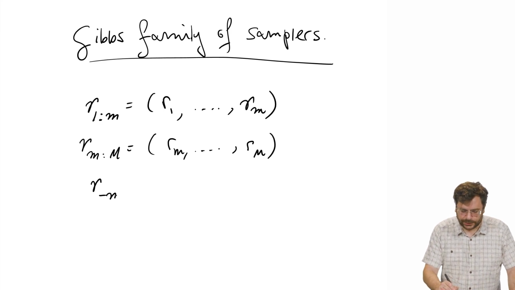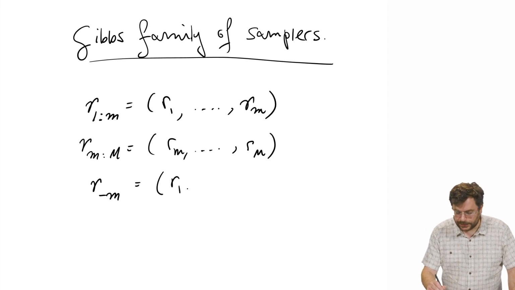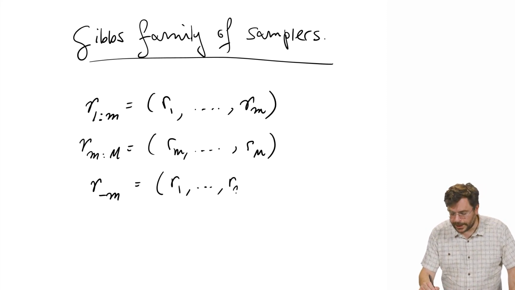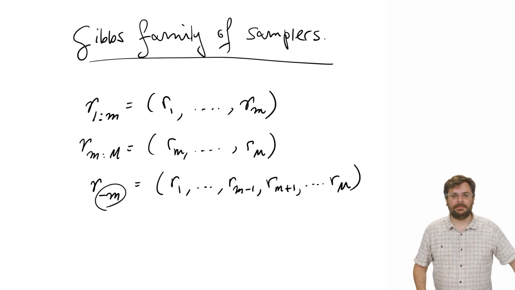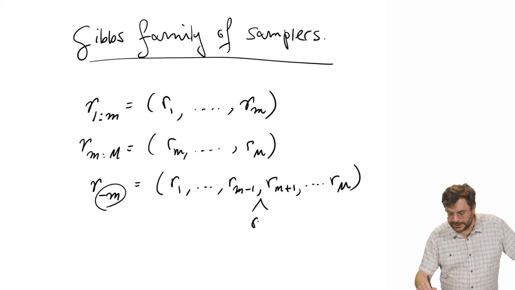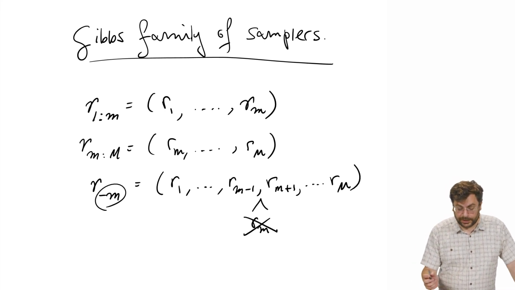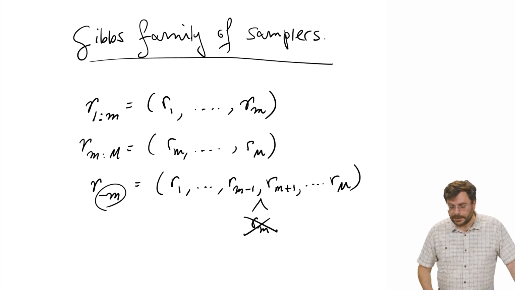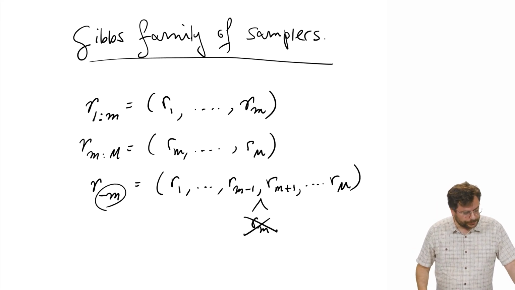The notation I'd like to introduce here, as we talk about Gibbs sampling, is R minus m, which is R1 all the way to Rm minus 1, Rm plus 1, all the way to Rm. So if we think about what this minus m means, it simply implies that we are missing the R sub m variable. So in Gibbs sampling, it'll be very convenient to talk about Rm as well as R minus m, in other words, the collection of variables that exclude the mth variable.